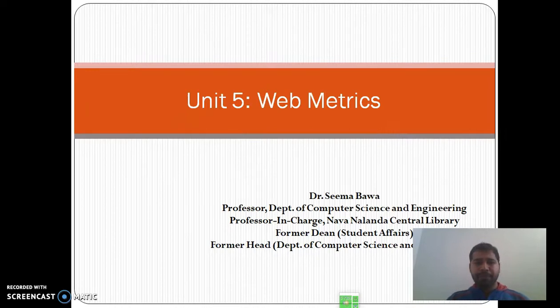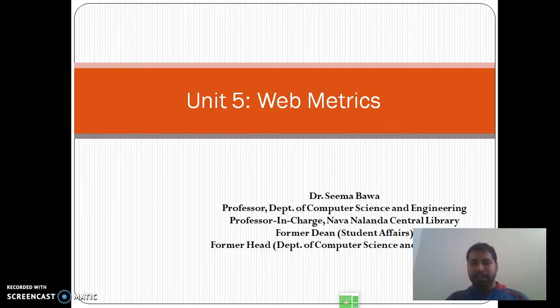I'm pursuing my PhD under the guidance of Dr. Seema Bhava, professor in the Department of Computer Science and Engineering since 2004. She is also professor in charge of the Nalanda Central Library since 2017, and she has worked as former Dean of Students' Affairs from 2012 to 2015.